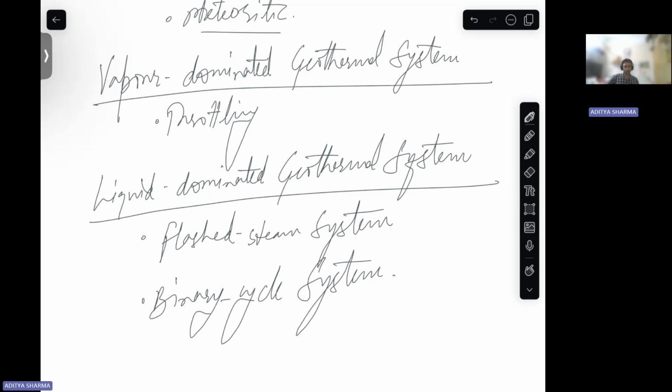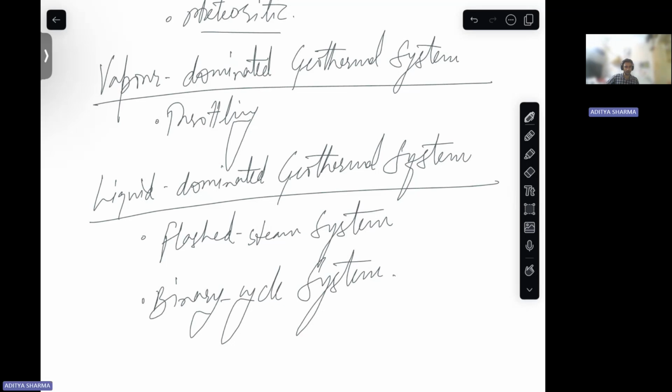So in your vapor dominated geothermal system, you basically take help of throttling. So you have steam and you throttle it, and eventually after throttling, you expand it in a turbine.